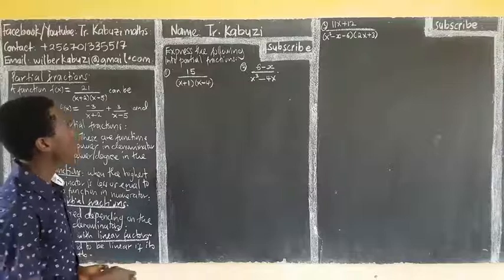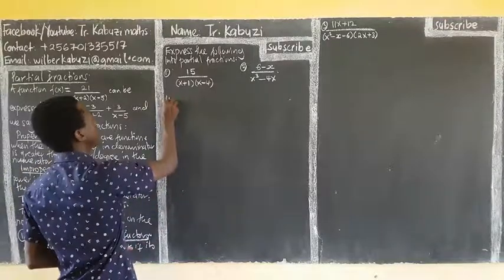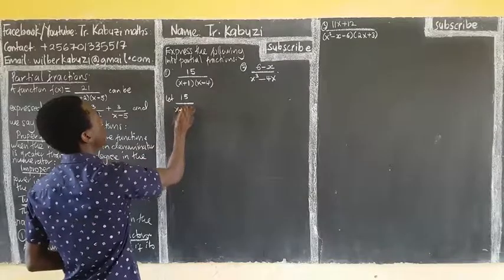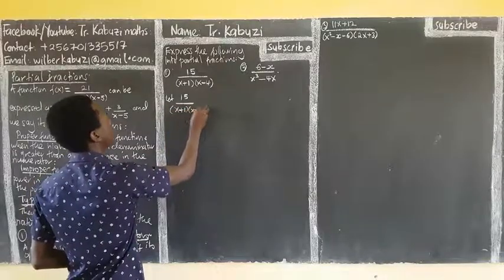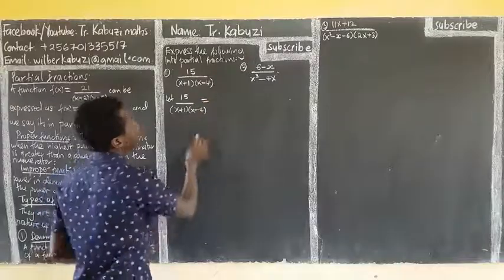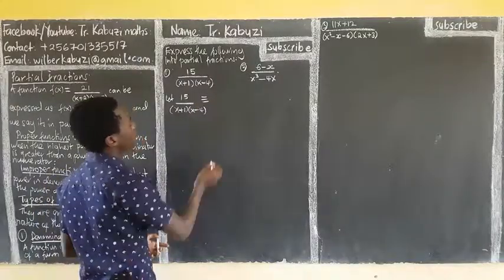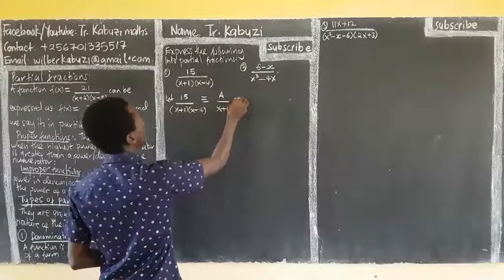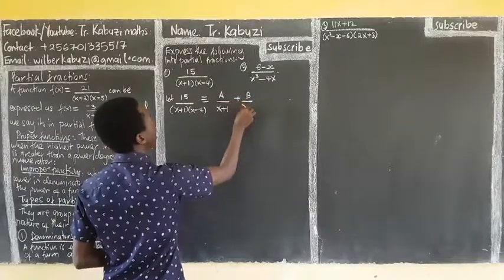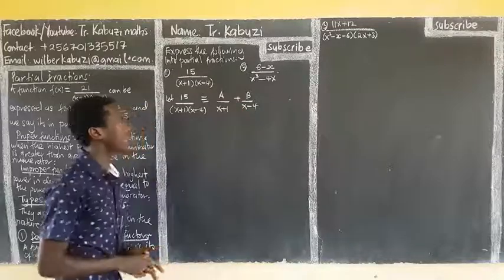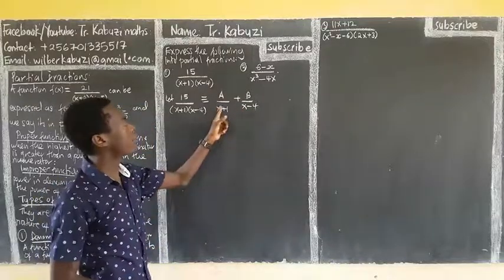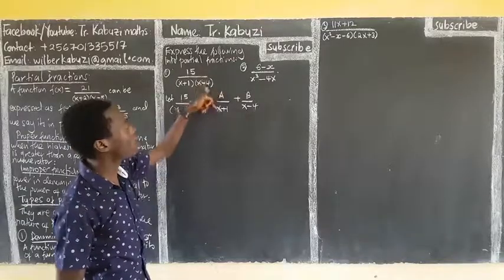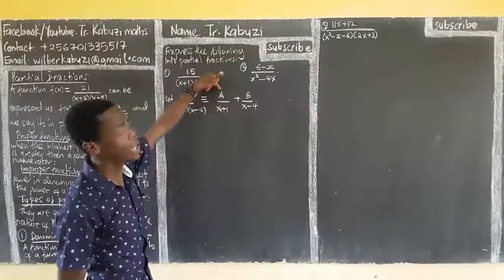Okay, so what we do is say let f of x equal A over x plus 1, then plus B over x minus 4. Some people use three equivalent signs. Why do we do this? So that you know this one is degree 1, it means that the numerator should be degree 0. So that's why whenever the denominator is linear, the numerator is a constant.